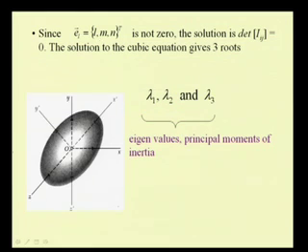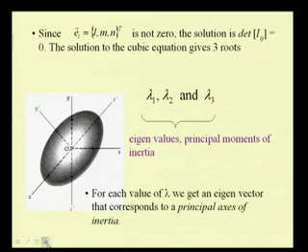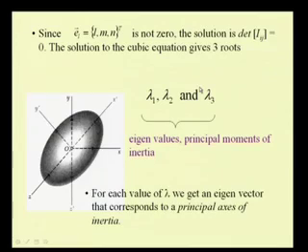Say if we substitute lambda 1 in the equation, we will get the solution, that is L1, M1, N1, and in the same way if we substitute the other two eigenvalues, we will get the other two vectors. So, these three solutions will give the three vectors which are the corresponding principal axes.